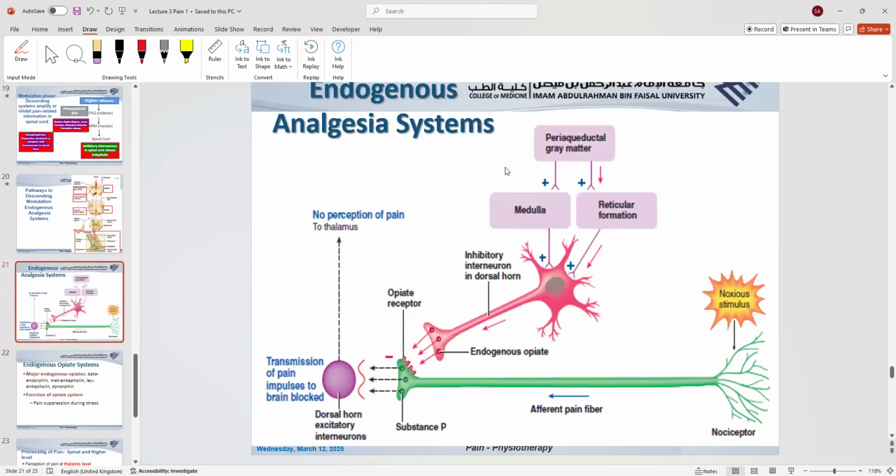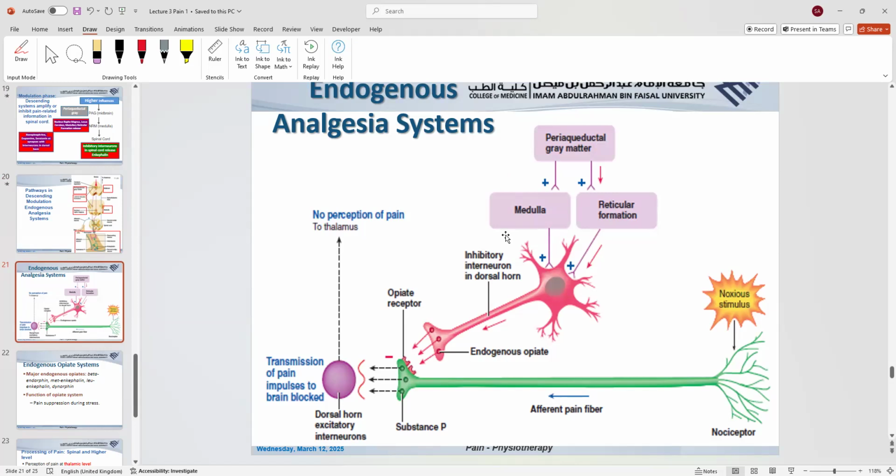So this diagram further gives you the idea. This is the inhibitory interneuron. Once it releases the enkephalin, what does enkephalin do? It goes and binds with the presynaptic membrane of the first order neuron and stops the release of substance P. So if substance P is not released, the second order neuron, of course, will not get any message.